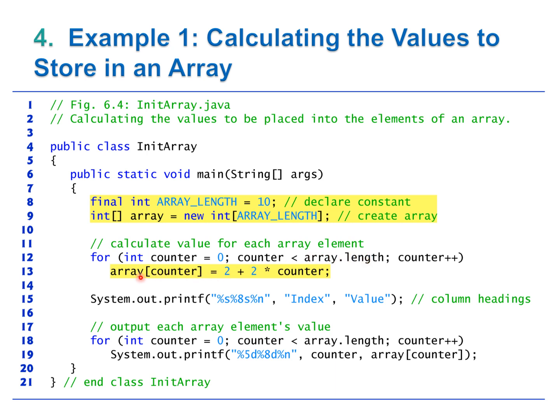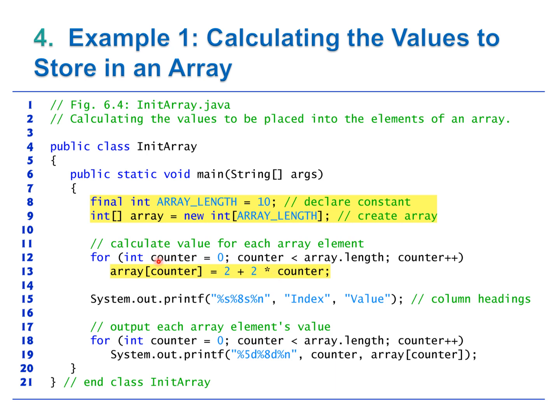In the for loop body, it assigns a value of 2 plus 2 times counter to the array element at index counter. So the element at index 0 receives value 2, the one at index 1 receives value 4, and so on.